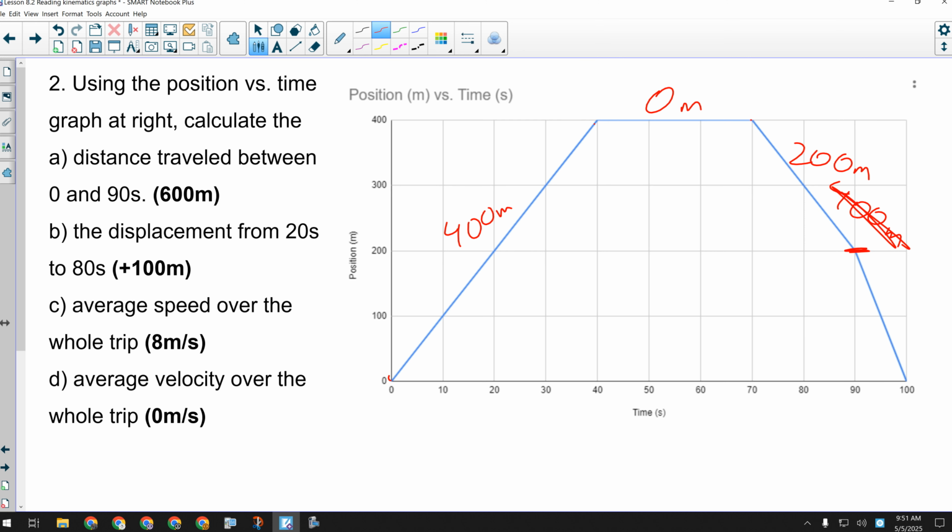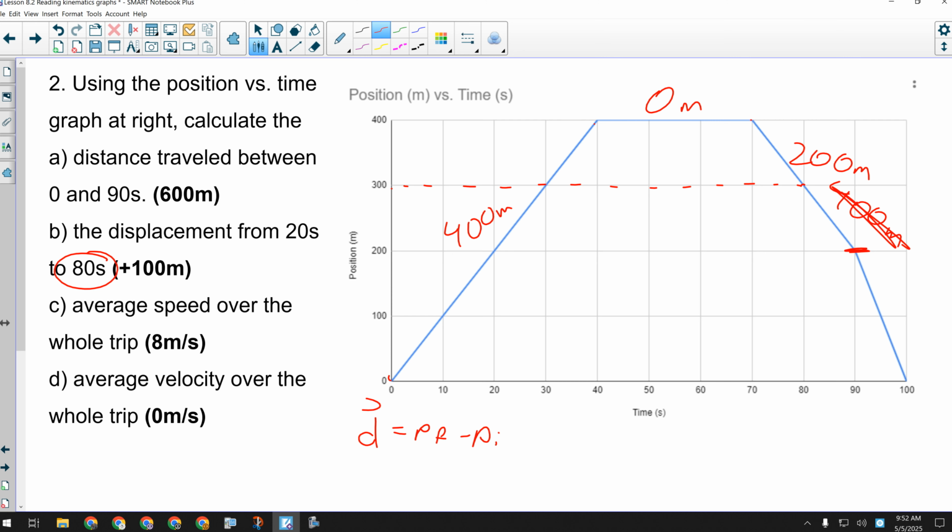I didn't. All right, the displacement from 20 seconds to 80 seconds. Displacement is final position minus initial position. The final position will be at 80 seconds, so I go to 80 seconds. The final position is 300.